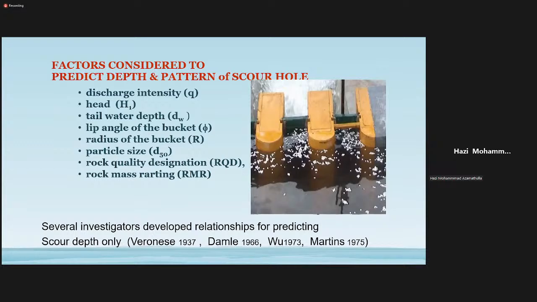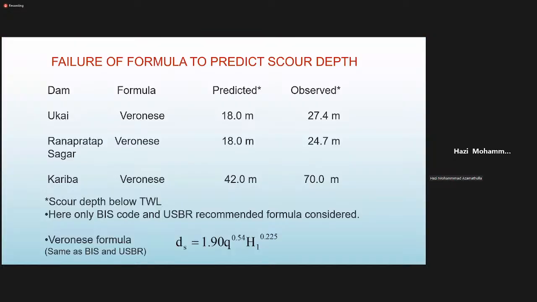Next slide, please. You can see the upstream view. I can show actual video clips. I don't know why, but see the failure of the formula. See Bureau of Indian Standards and USBR for small dams, both are still considering Veronese's formula. You can see bottom, 1.9 q raised to the power of 0.54 and head 0.225. In the case of Ukai Dam, you are all aware, recently they inaugurated.